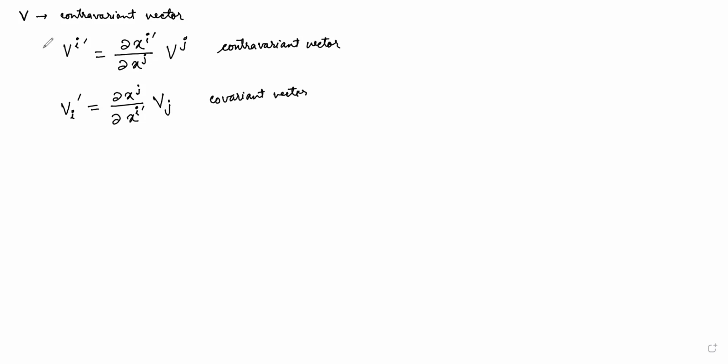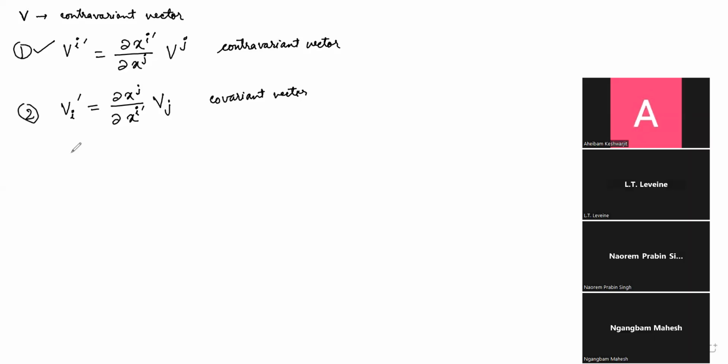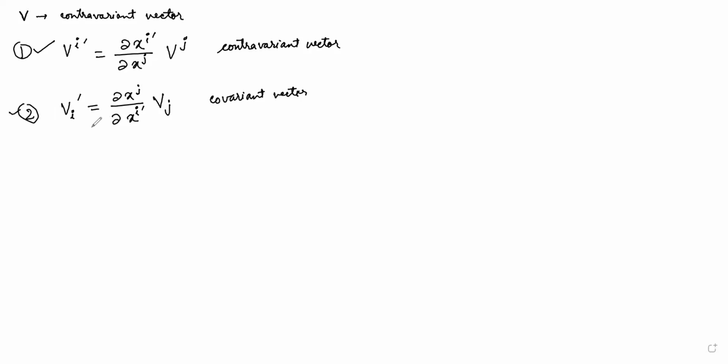The first equation tells us how the components of a contravariant vector transform under a coordinate transformation from the unprime frame to the prime frame. Similarly, the second equation tells us how the components of a covariant vector transform under a transformation of coordinates from the unprime frame to the prime frame.